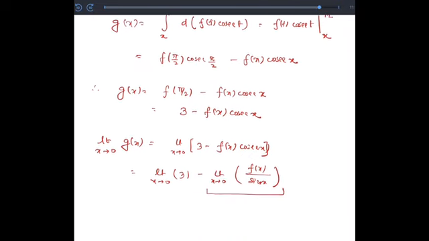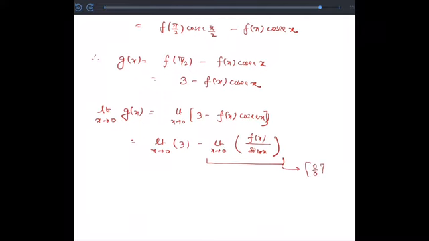Now this is of the form 0 by 0, so we can use L'Hospital's rule. That means we will differentiate numerator and denominator individually.